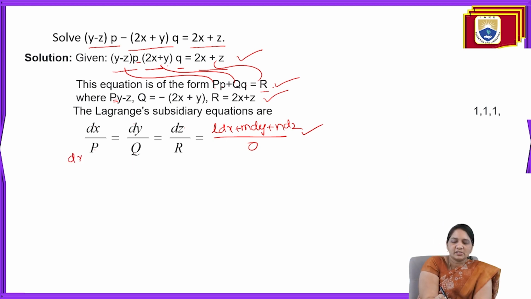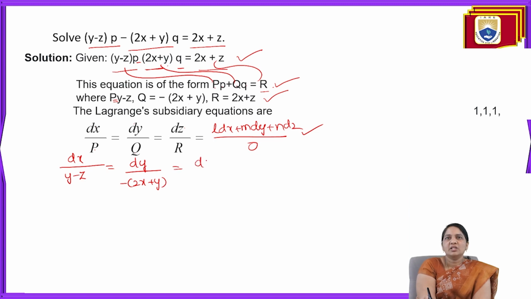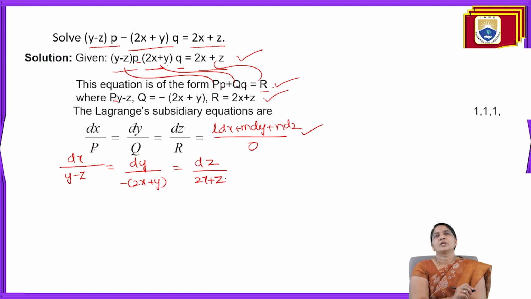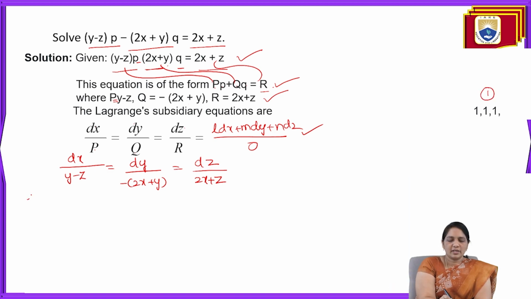So dx by (y minus z) equal to dy by minus (2x plus y) equal to dz by (2x plus z). According to the method of multipliers, first I am choosing the first set of multipliers: l1 equal to 1, m1 equal to 1, n1 equal to 1.